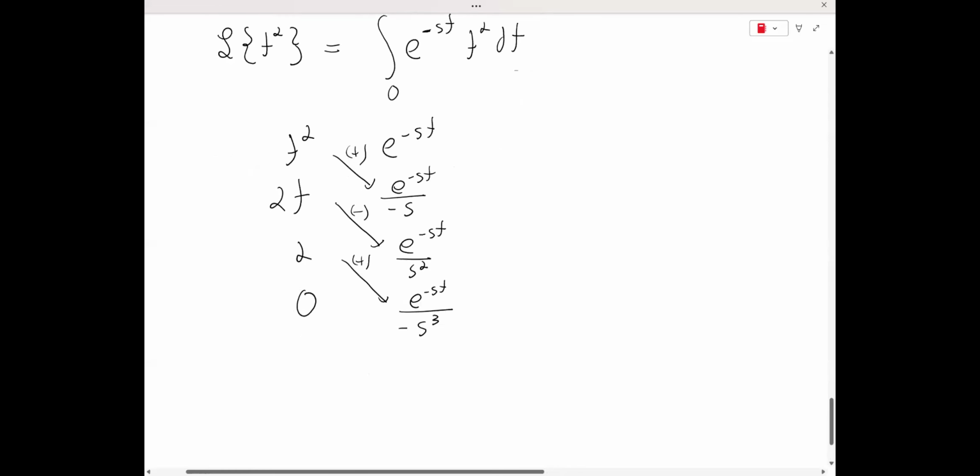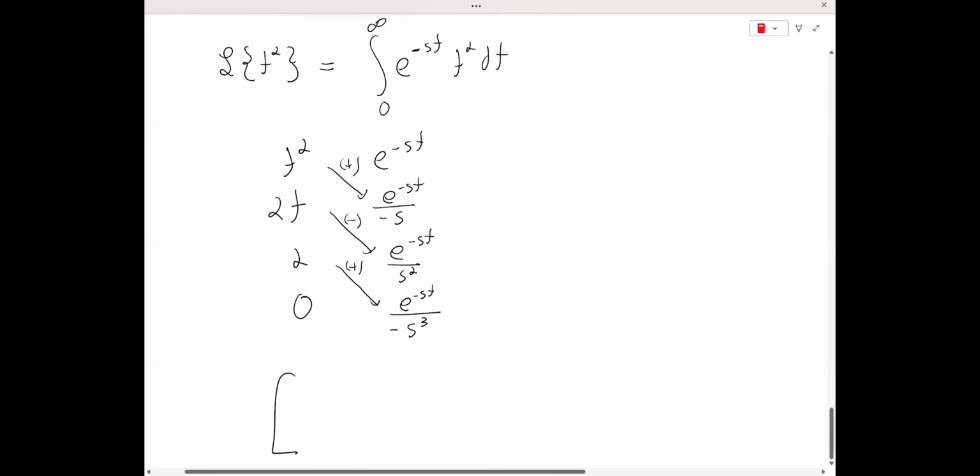So now I can go to the bracket here because I can basically write down the antiderivative.